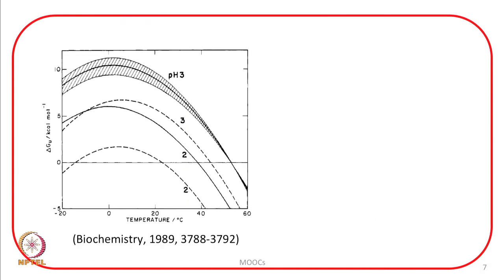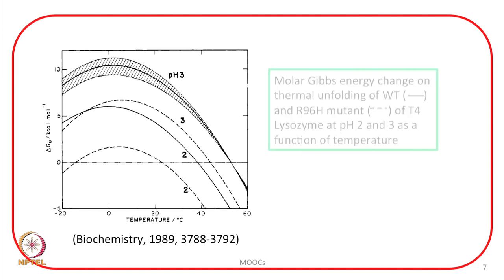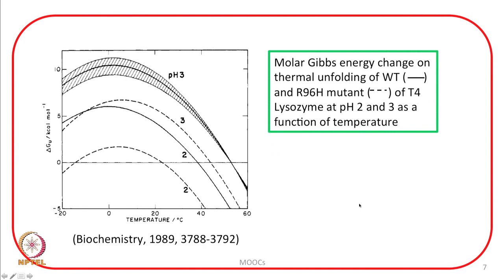In fact, if we look at this figure, it is drawn for the thermal unfolding of wild type, that is the solid lines are for wild type and the dashed lines are for the R96H mutant of T4 lysozyme at pH 2 and 3.